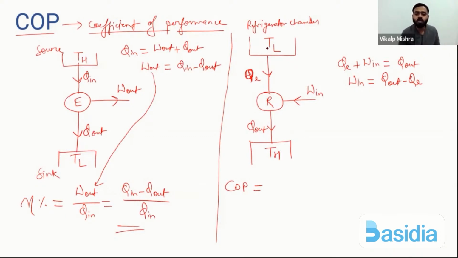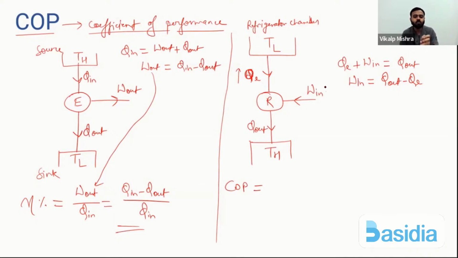So if we want to maintain a lower temperature, that means we have to extract more heat from the lower temperature. The more heat we extract from the lower temperature, the better the performance of the refrigerator. So QE we have to extract more, and this is the work input.